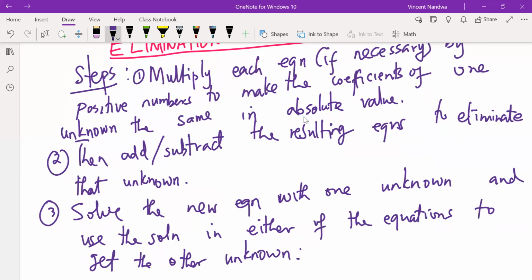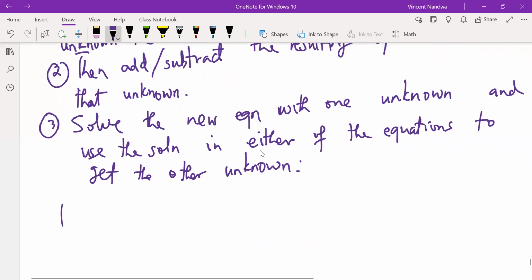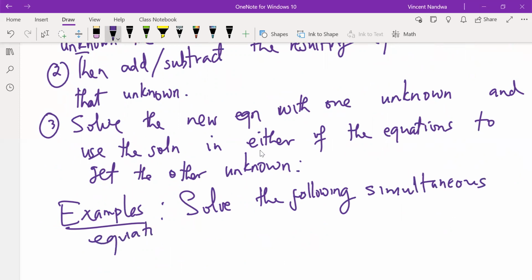So let's demonstrate that method with these examples. Solve the following simultaneous equations by elimination method.